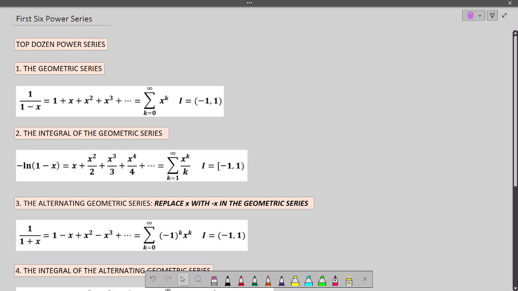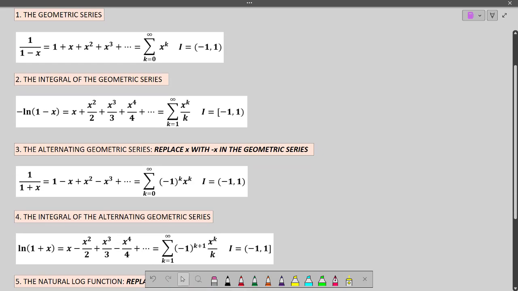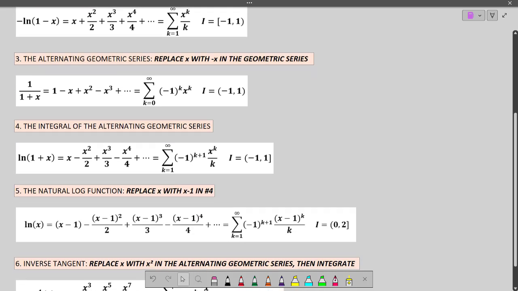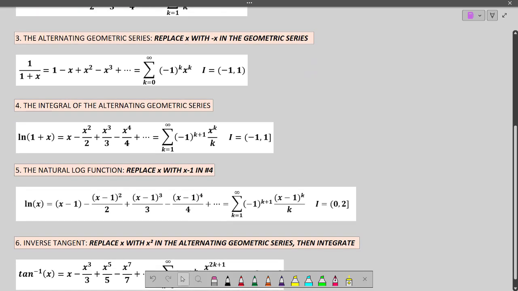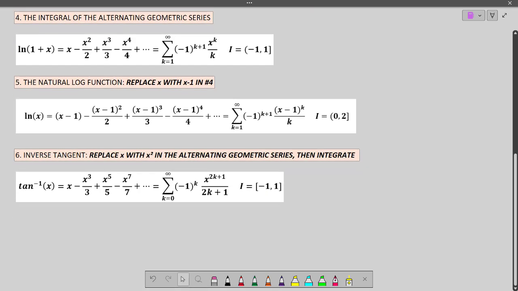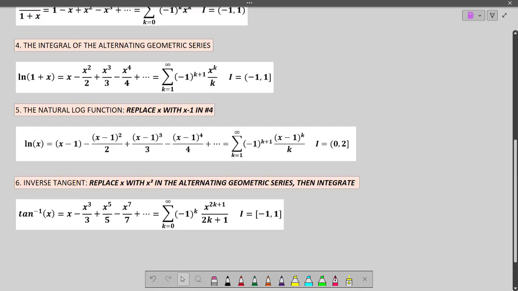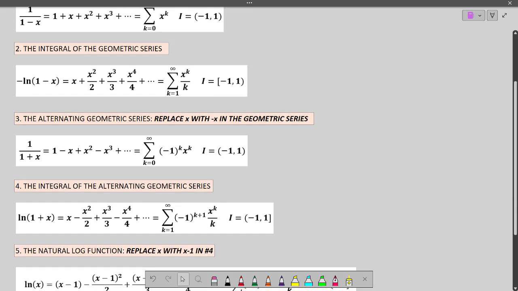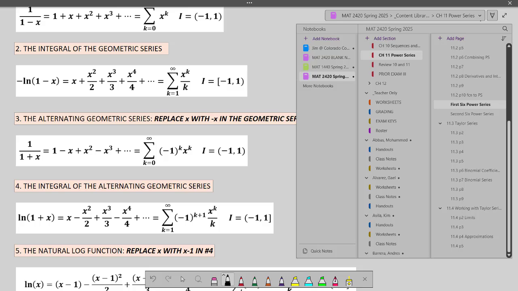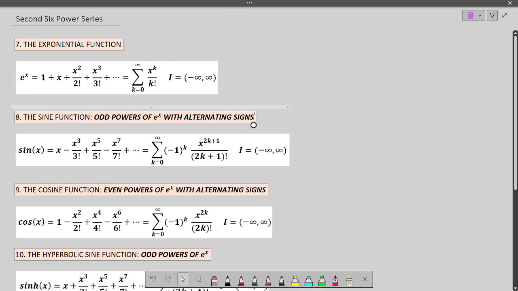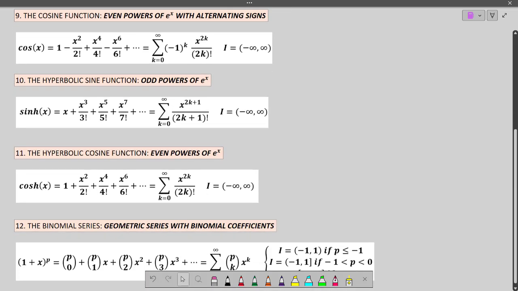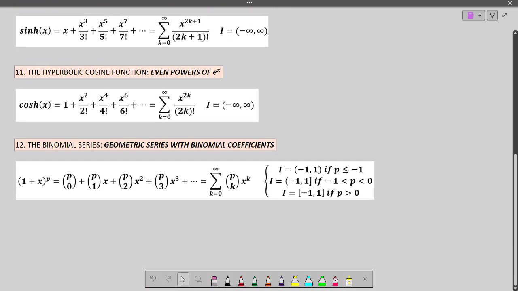The common 12 are centered at the origin, except for one centered at 1. So these are almost all centered at the origin, all the way through.